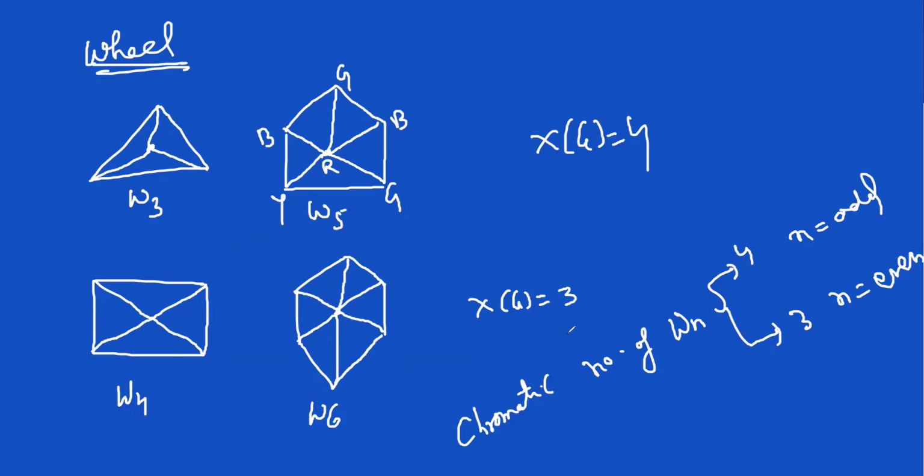See, this is even graph. For even it is 3 and for odd it is 4. Understood? No. W4 means what? Cycle becomes wheel when an internal node is added. This is not W4. This is W3.